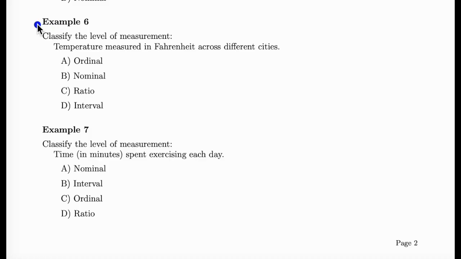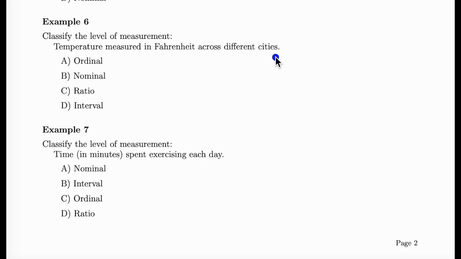Let's look at example 6. We're going to classify the level of measurement: temperature measured in Fahrenheit across different cities. This data is measured. It's a numerical value, so we would use either ratio or interval. We would only use ratio if we consider that the data has a true 0.